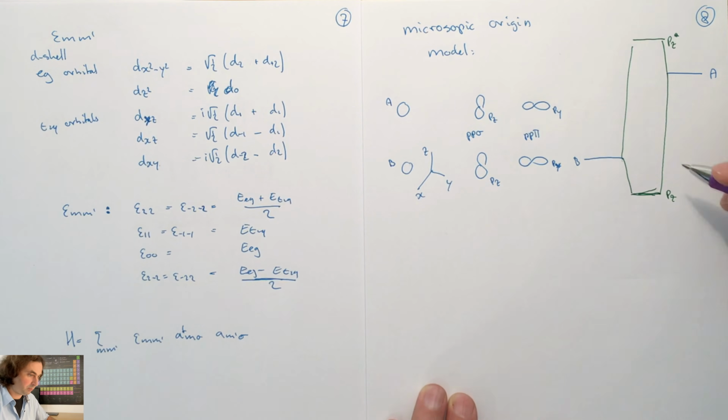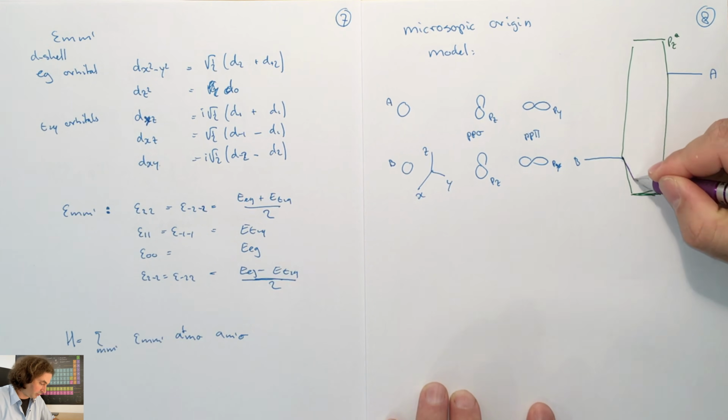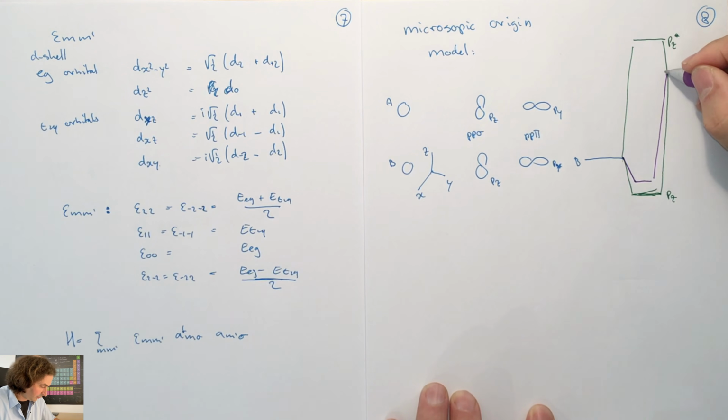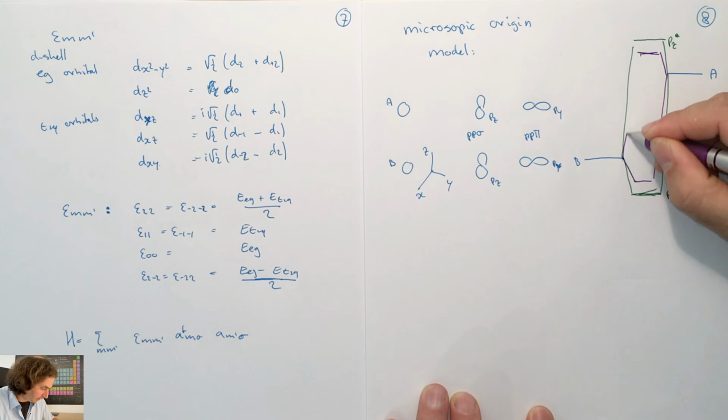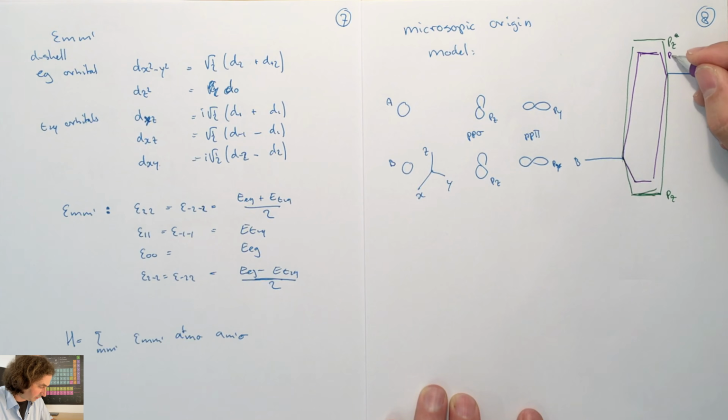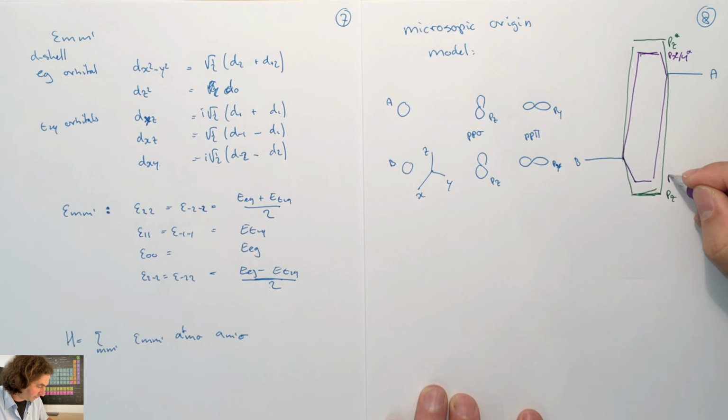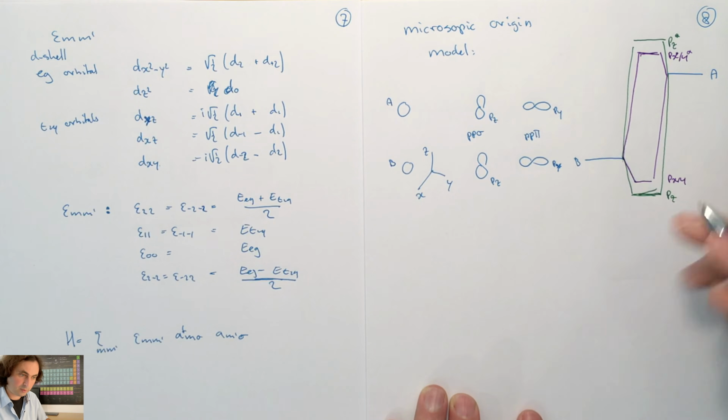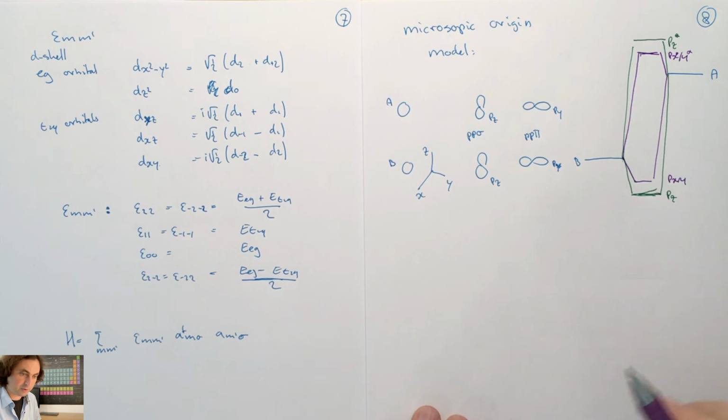I can do the same for the px and py orbitals, and as our hopping is smaller, the energy splitting that we get is smaller. And those are the px and py orbitals.